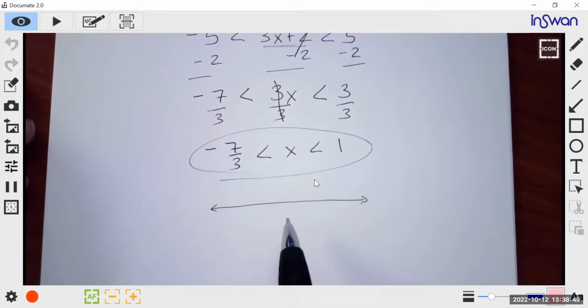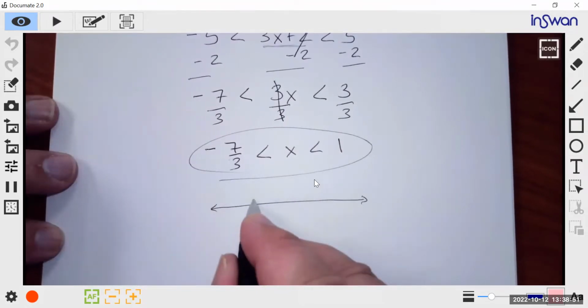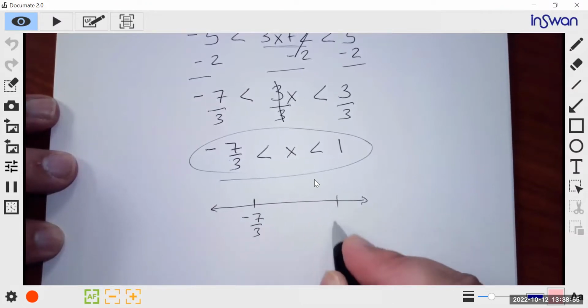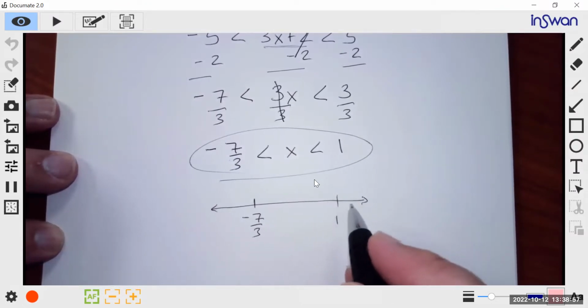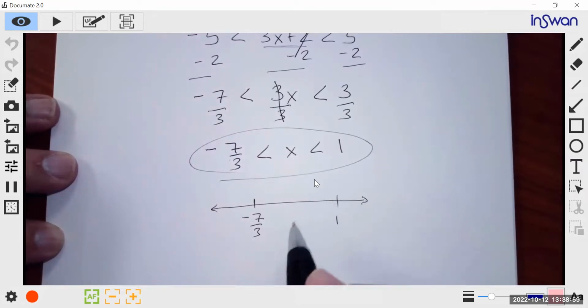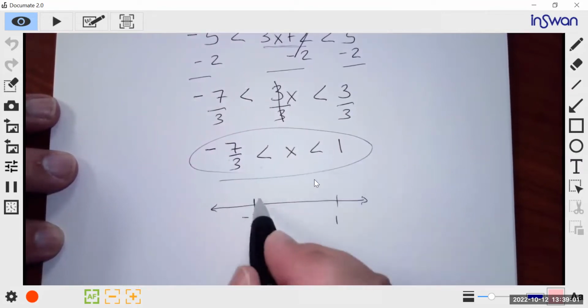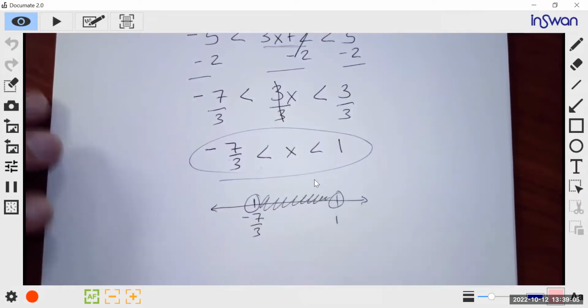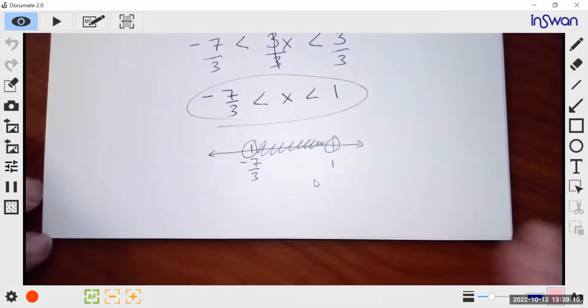What are your endpoints? So x would be negative 7 over 3 and 1. Are they open circles or closed? Since they don't have lines, they're both open, and x is between there. That's the graph.